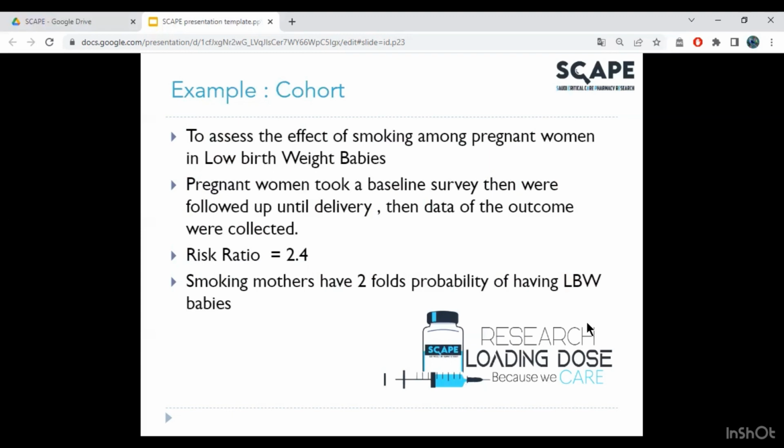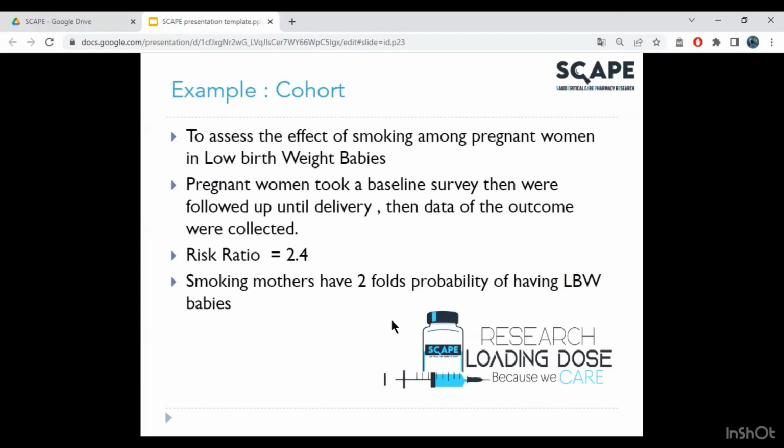Our estimate here in a cohort is called the risk ratio, the risk of the outcome. In case-control, it was the odds ratio, just to remind you. So what is the interpretation of this 2.4? It means that smoking mothers have twofold probability of having low birth weight babies compared to non-smoking mothers.